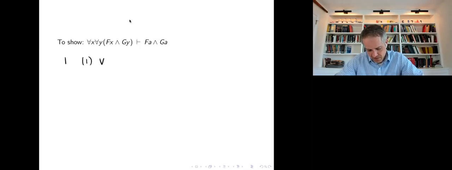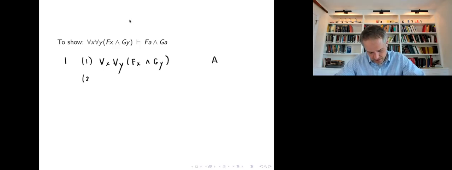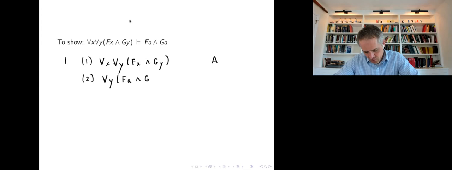So again, my assumption: for all x, for all y, Fx and Gy. Just like last time, I'll start by taking off the universal x quantifier. So I'll take off the for all x. I'll replace x with a: Fa and Gy. So that's from 1, universal elimination.